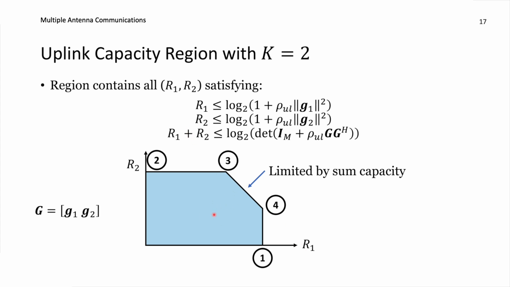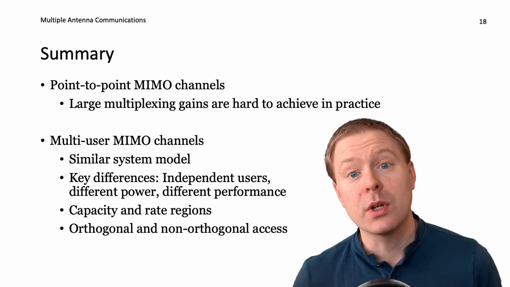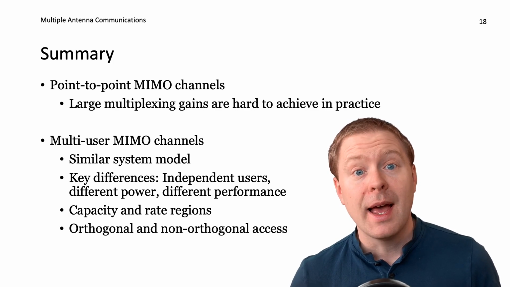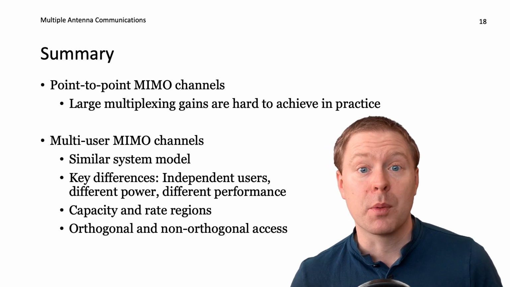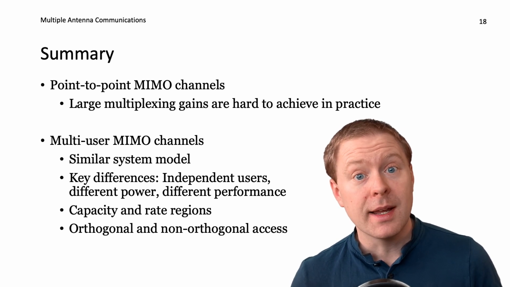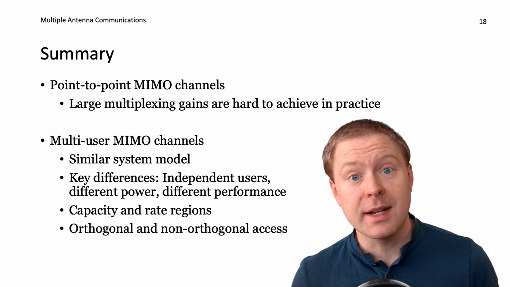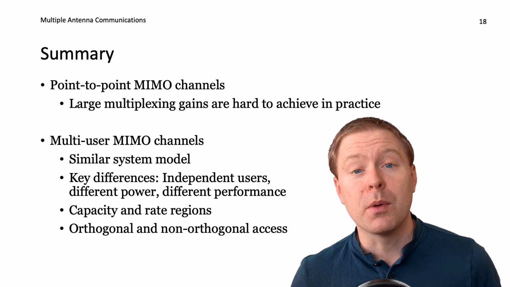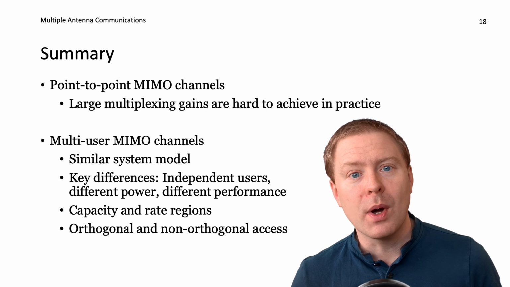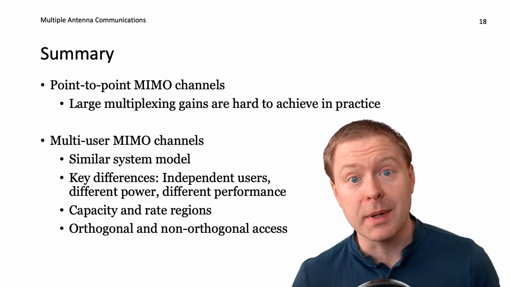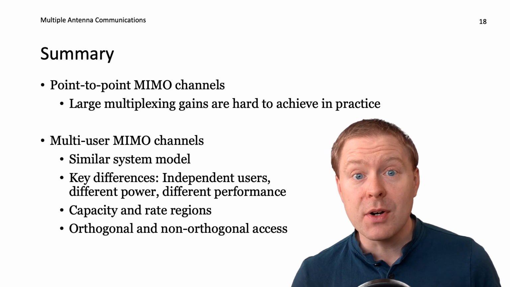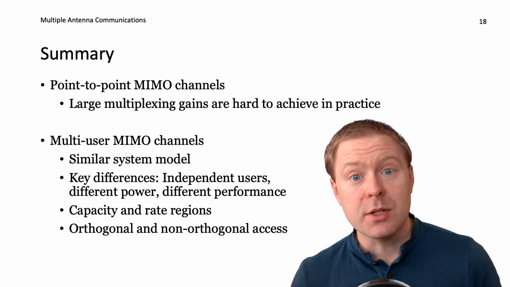We began this lecture with talking about point-to-point MIMO channels and that their multiplexing gains are limited by the propagation environment in reality. If we would like to have a high multiplexing gain in the system, we should instead go for multi-user MIMO, where we have one base station and then we have users that are spread out over our propagation environment. We can model it using a very similar system model, but there are some key differences.